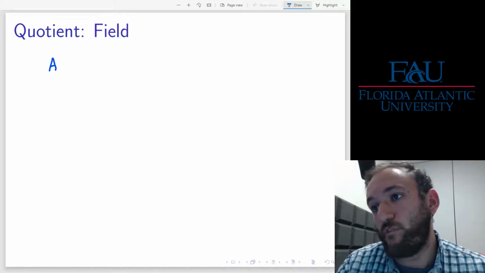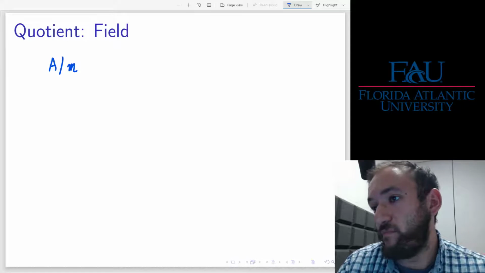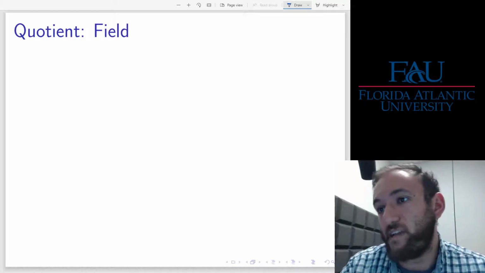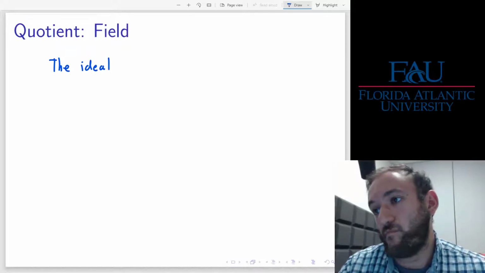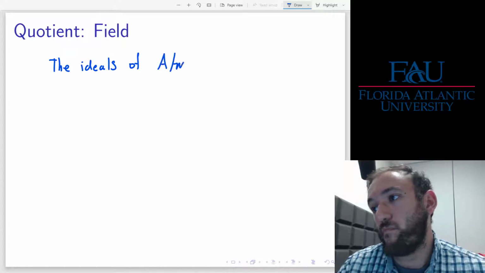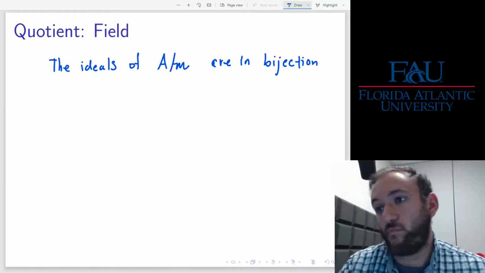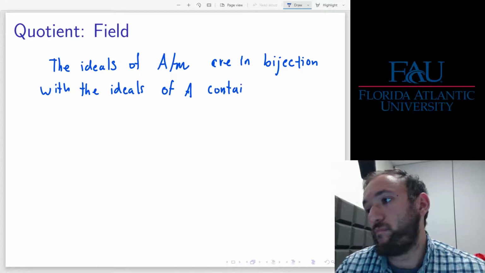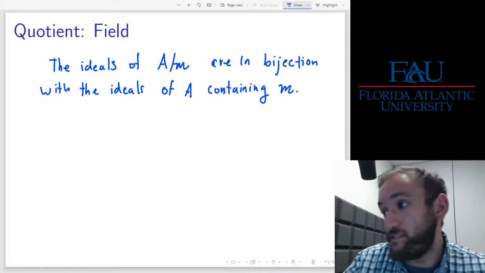Well, by proposition 1.1, which we discussed last time, the ideals of A mod M are in bijection with the ideals of A containing M. We know that latter set is going to be just two ideals.